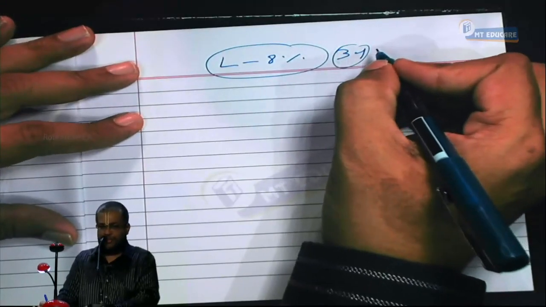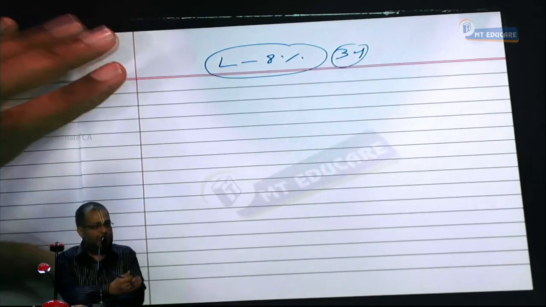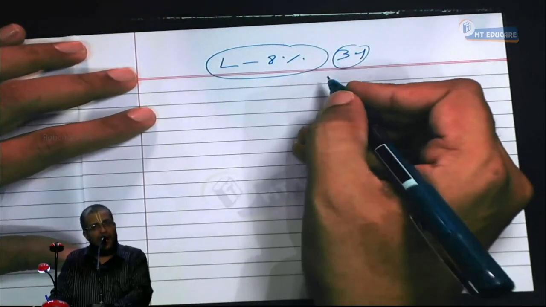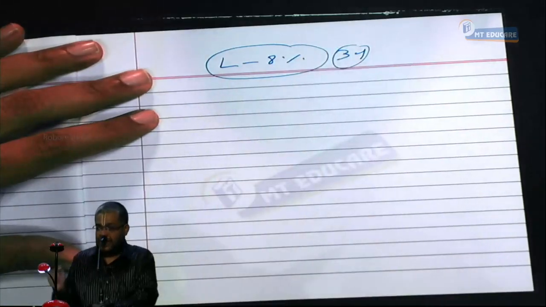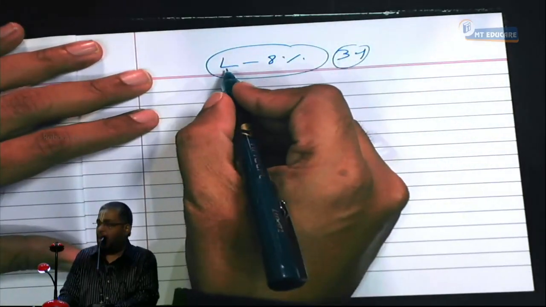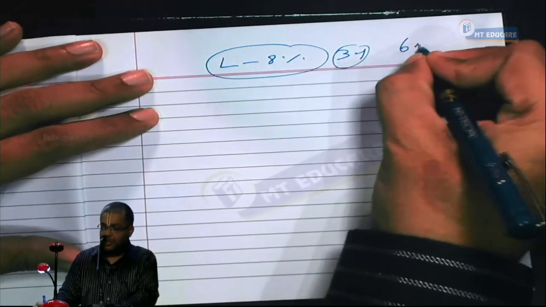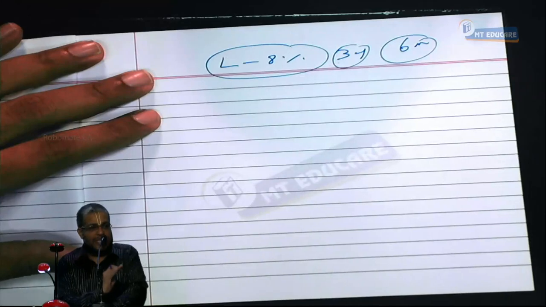The question has not given you 3 years, I just assumed it to be 3 years for continuity in the discussion. I entered into a 3-year swap exchanging Libor against 8%, which is exchanged once in 6 months. This was the swap arrangement.